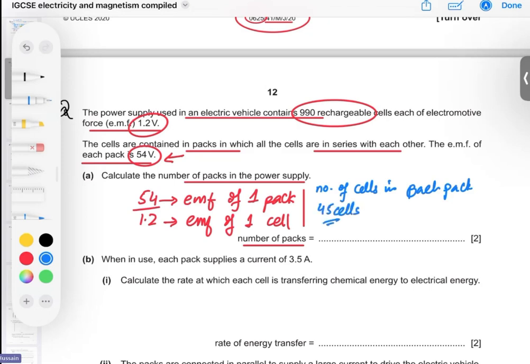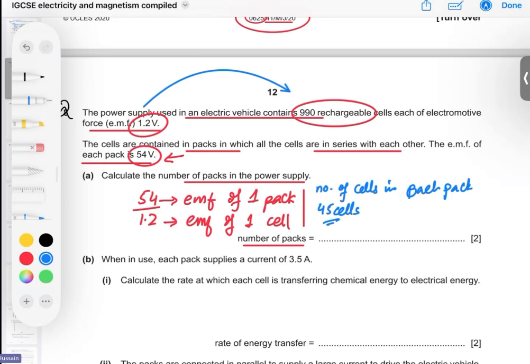So there are 45 cells in every pack. Now they are saying that the power supply contains 990 cells, and each pack has 45 cells. So I need to find the total number of packs.